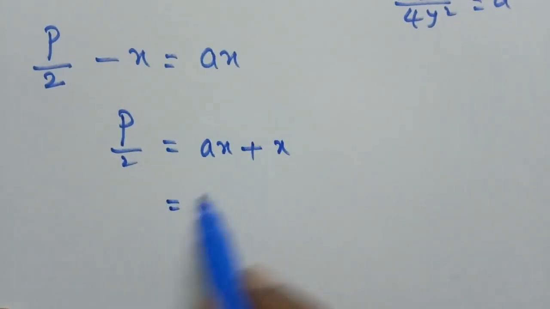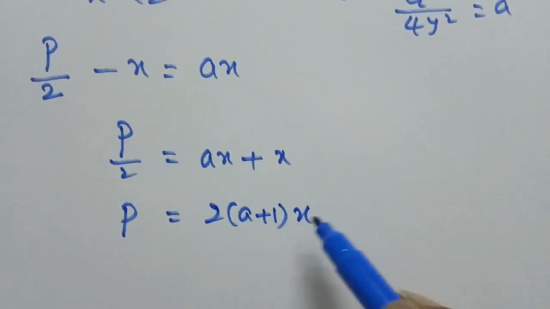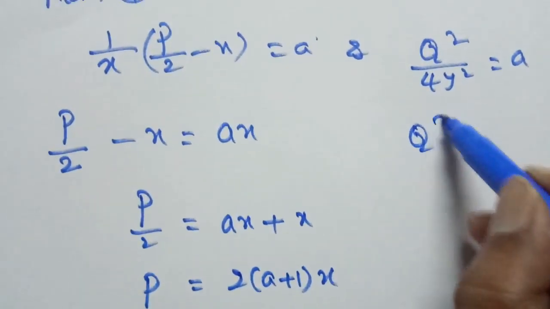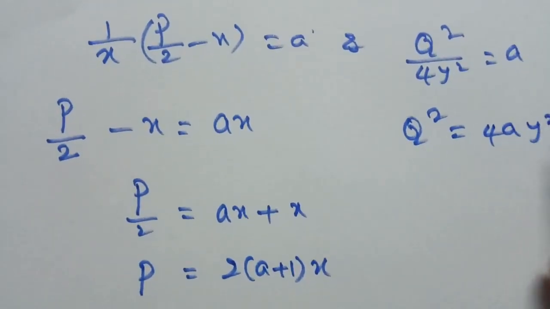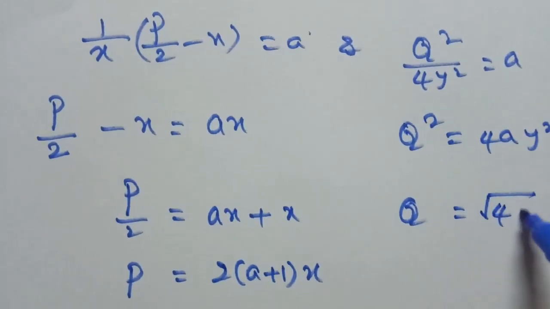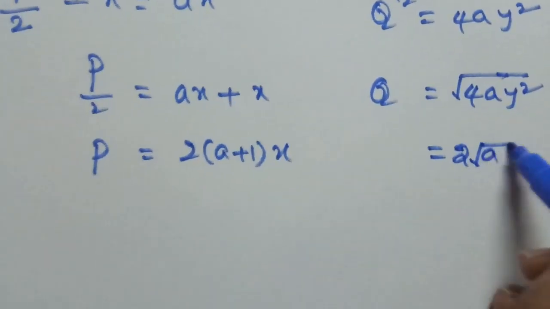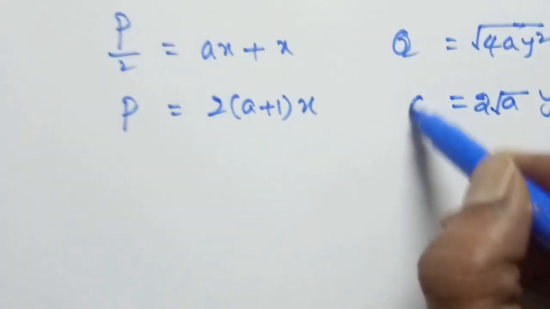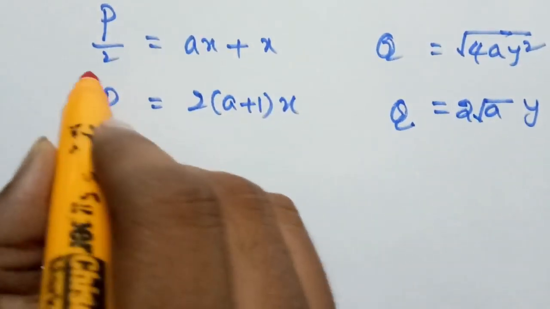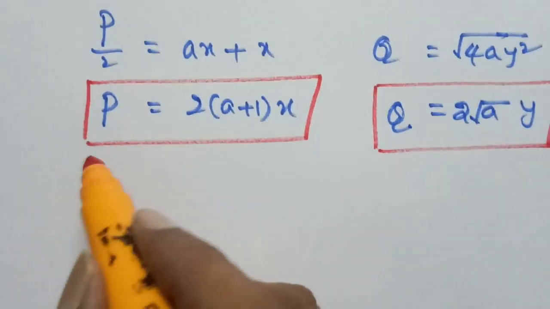By cross multiplication, P is 2 into a plus 1 into x. Here Q square is equal to 4a y square. Therefore, Q is equal to root of 4a y square, that is 2 into root a into square root of y square, which is y. This is capital P value, this is capital Q value.